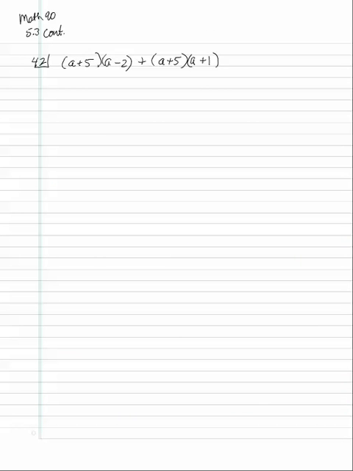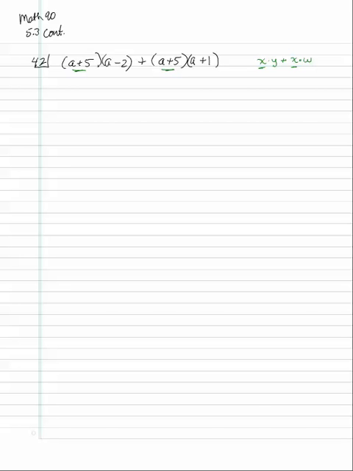All right, so number 42, again, we're going to look at these parentheses as one number. So this, to me, is no different than like x times y plus x times w, because the a plus 5, those are the same.